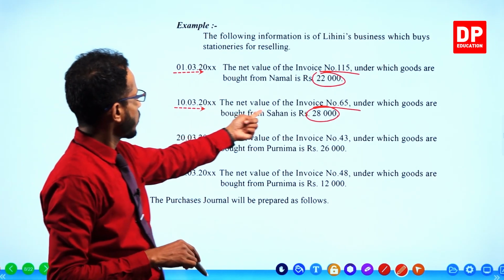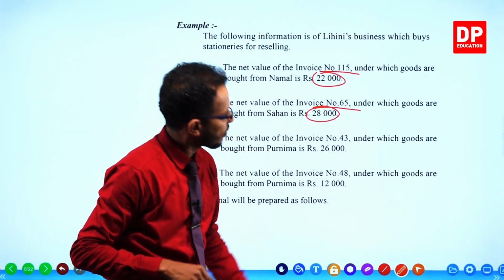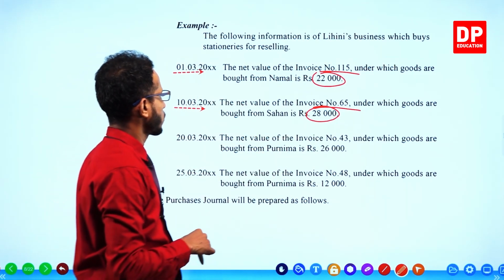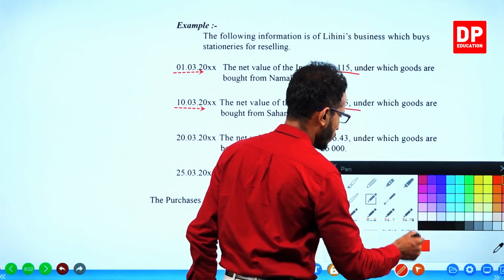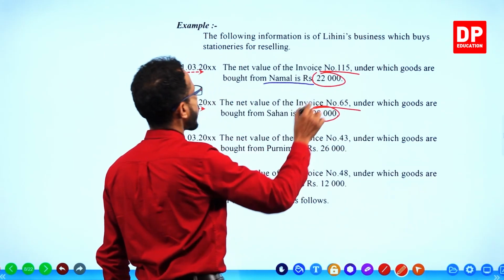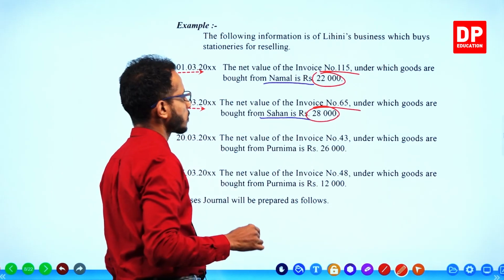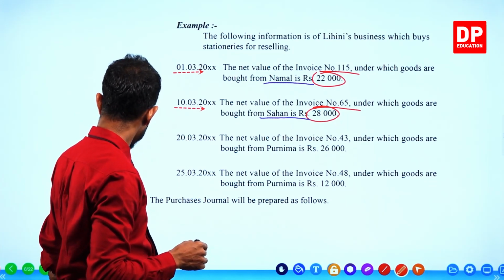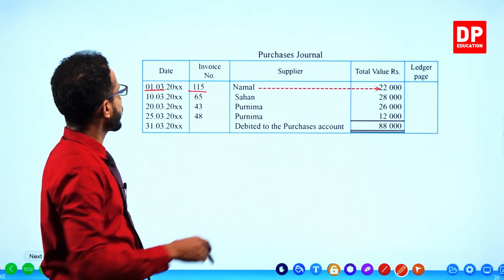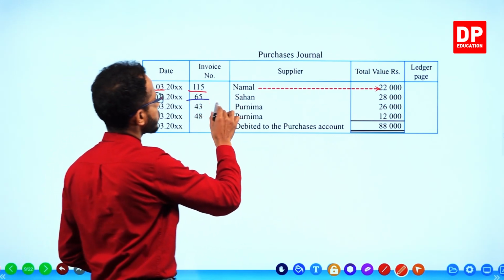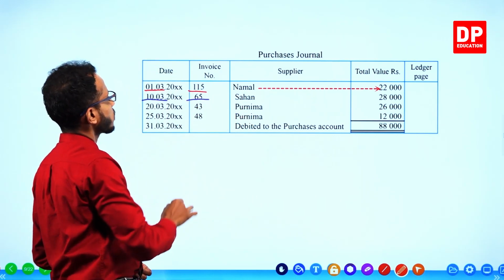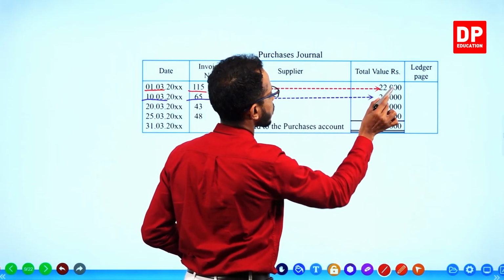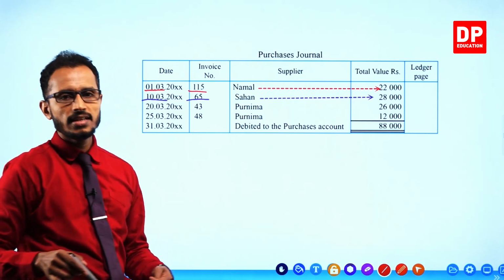Goods are bought from Sahan. First Namal, then Sahan. Okay. Invoice number 65, 10th of the month, Sahan, 28,000.